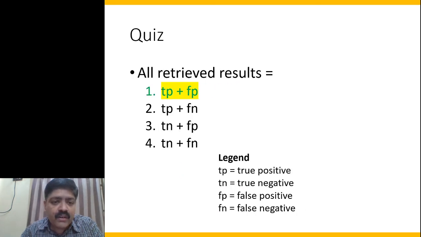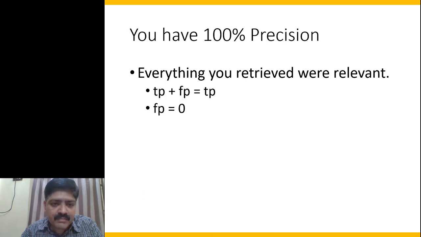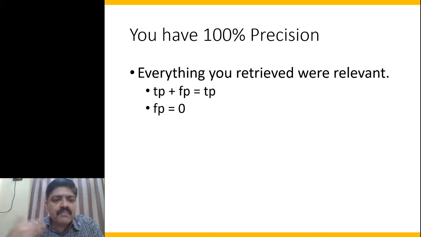So we would have got 100% precision. In other words, we don't want to see any false positives. So false positives should be zero. Another way of saying this is that the true positives plus false positives should be the same as true positives.